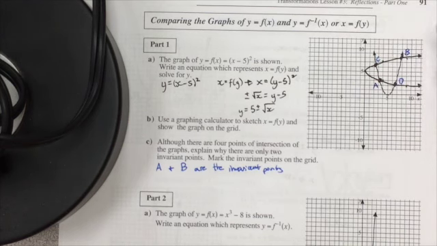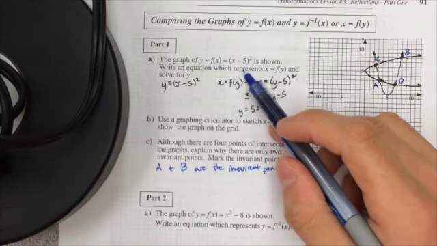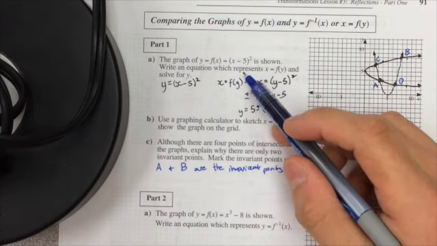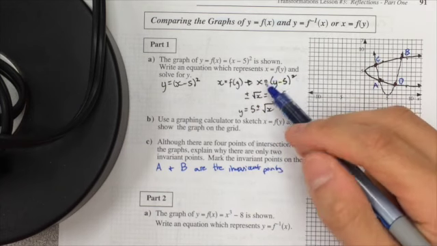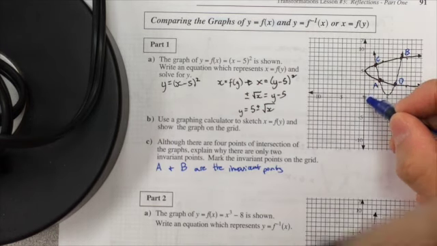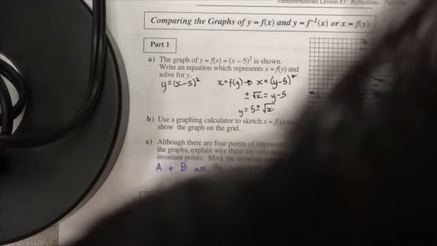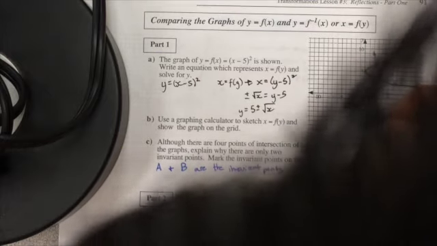And the reason is because when I perform this transformation on my equation of the inverse function, my mirror image is going across, or remember the equation of your mirror image for an inverse function is y equals x, right?